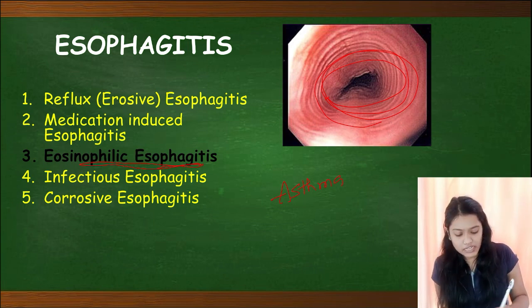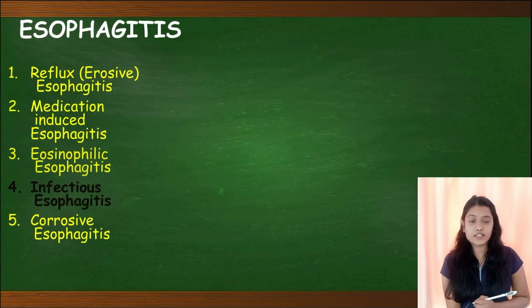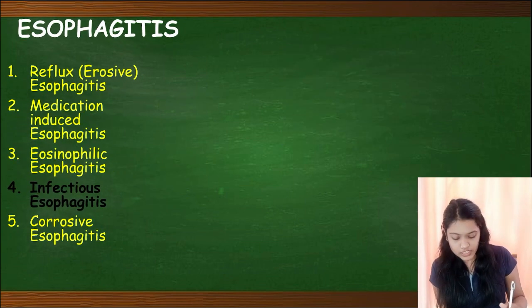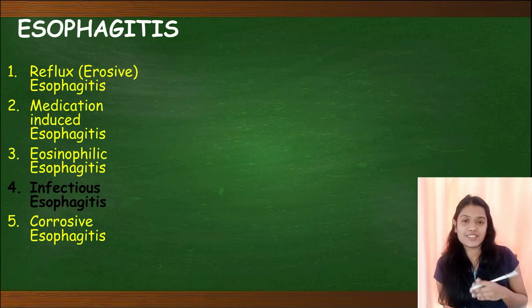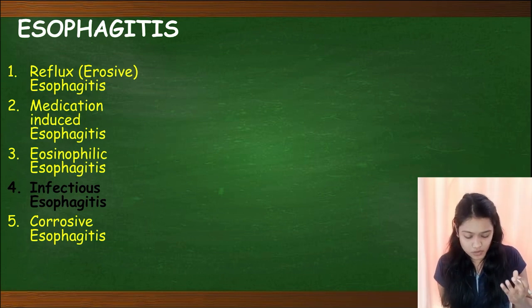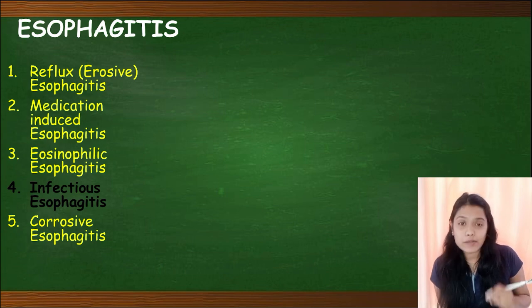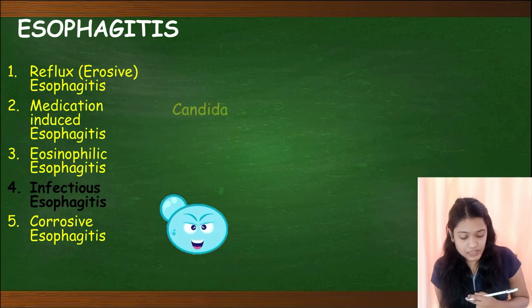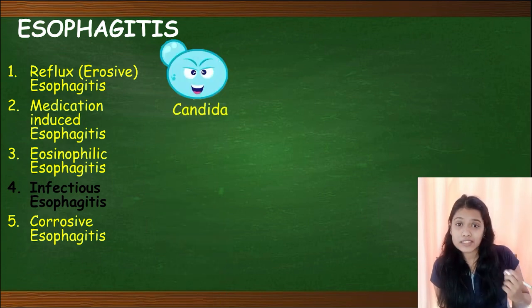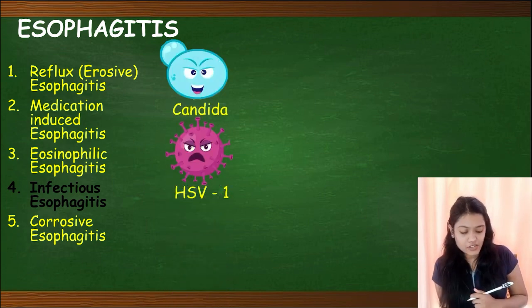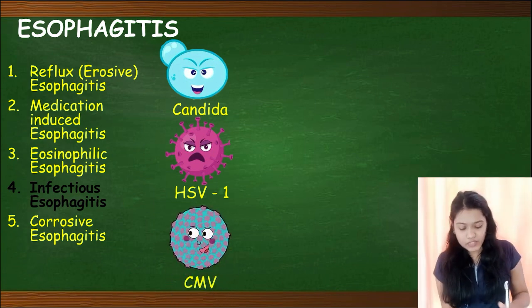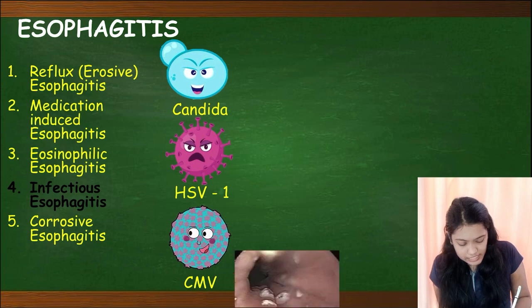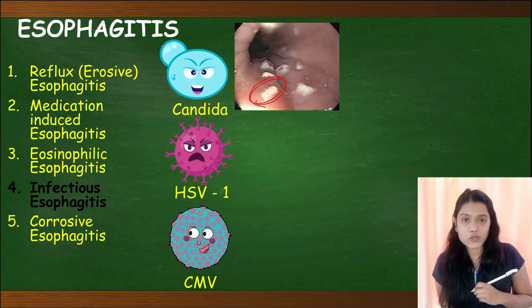Now the next one is infectious esophagitis. It is associated with immune suppression, and it can be caused by three things. The first one is Candida. The second one is herpes simplex virus 1. And the third is cytomegalovirus. In Candida, you can see white pseudomembranes formed.